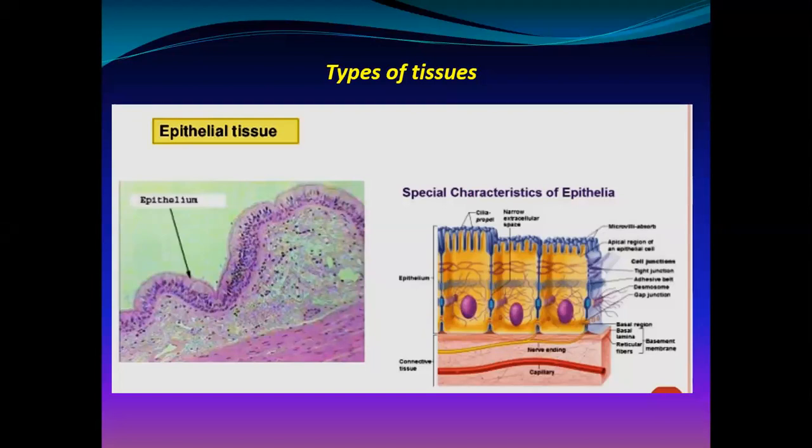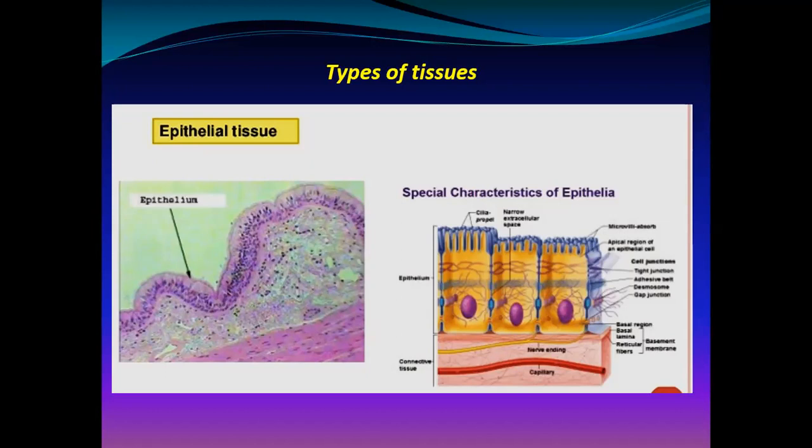Between the epithelial layer and the connective tissue, there is a basal region. There you have the basal lamina, right? The basal lamina and the reticular fibers together form the basement membrane.